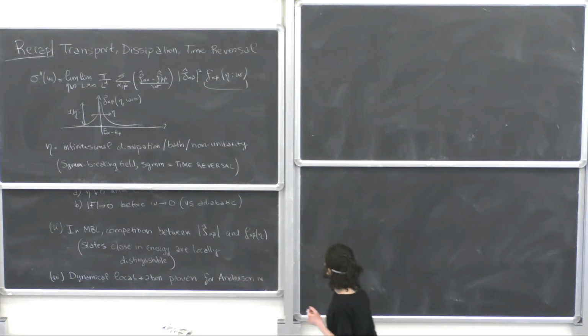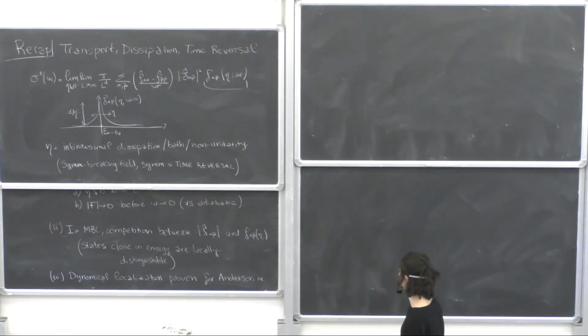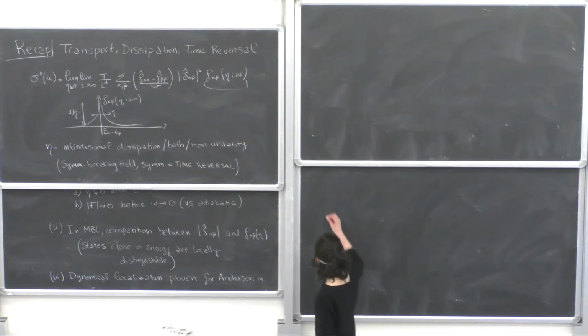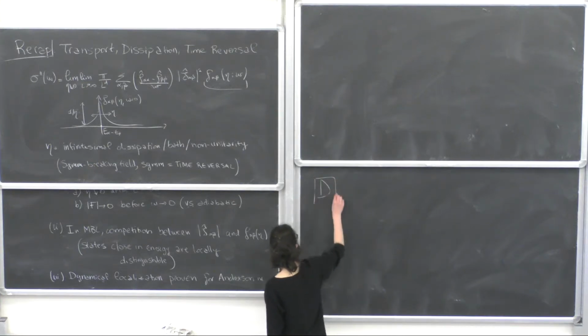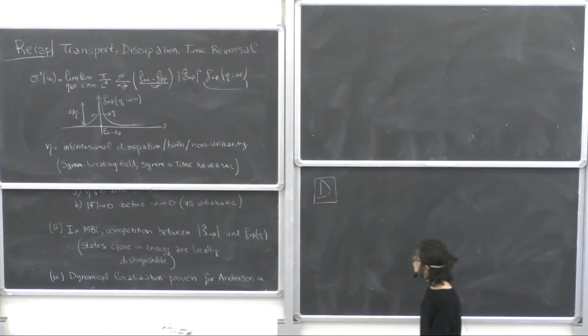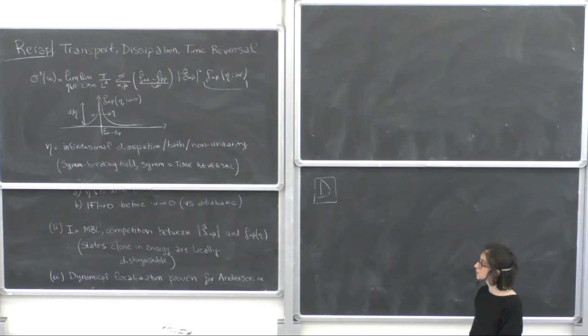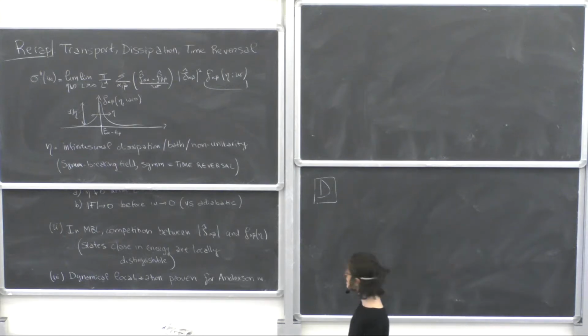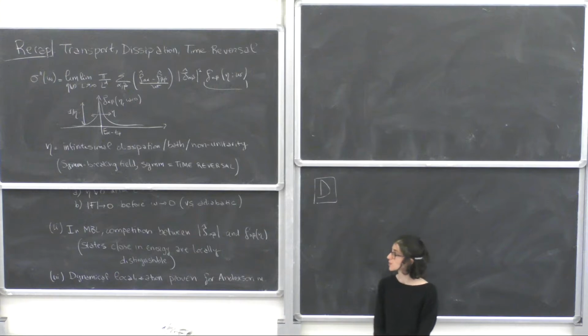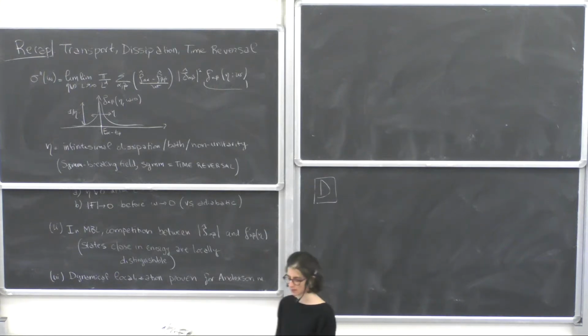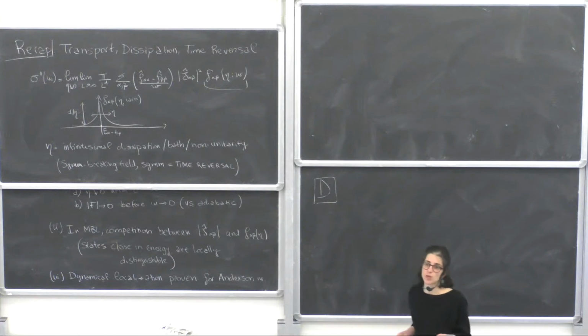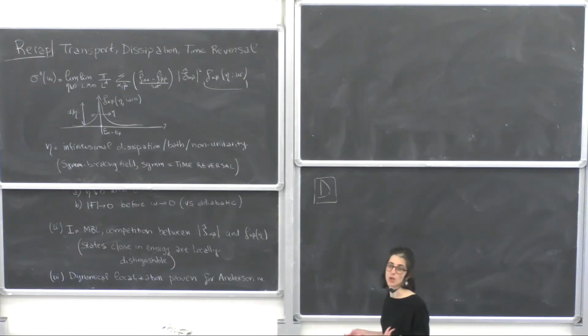Okay, so that concludes somehow the part about transport. And just to finish with discussing the definition that I gave at the beginning, there was another point which had to do not with dissipation, but with dephasing in some sense. And this connects with a comment that was raised the other time about the fact that when looking at this imbalance experiment, it looks as if what you're probing there is actually single-particle localization.